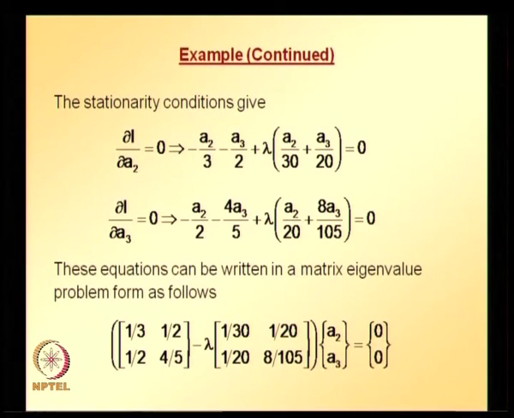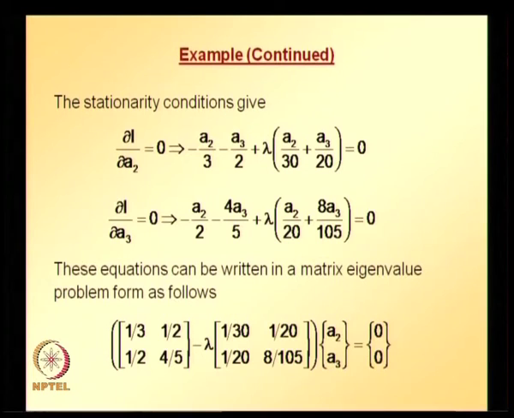For non-trivial solutions, that is, non-zero values of a2, a3, meaning a non-zero vector, one of them can be 0, but both of them cannot be 0. So for a non-zero a2, a3 vector, the condition for a non-trivial solution is that the determinant of (A minus lambda B) should be equal to 0, which results in a characteristic equation.